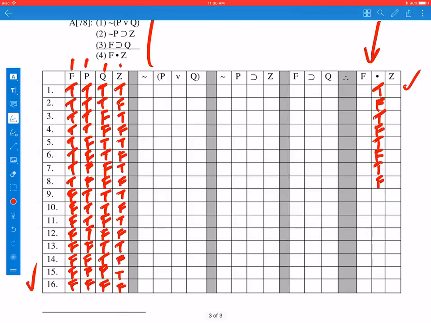And now, look, interpretations 9 through 16, f is false, and a conjunction is false if any part of the conjunction is false. So I know that the rest of all of these are going to be false. All right.